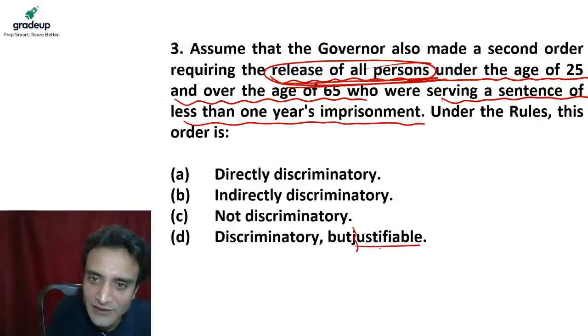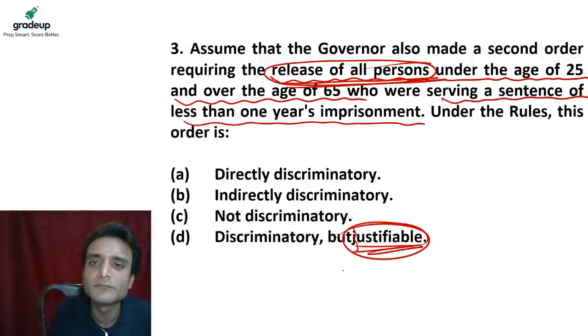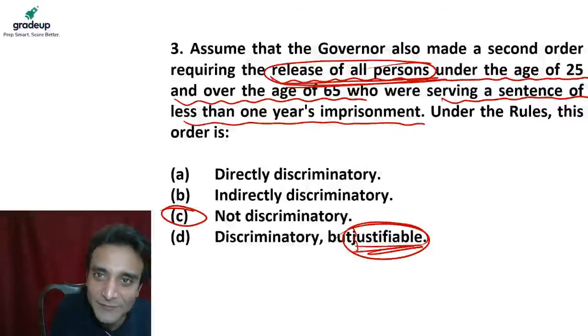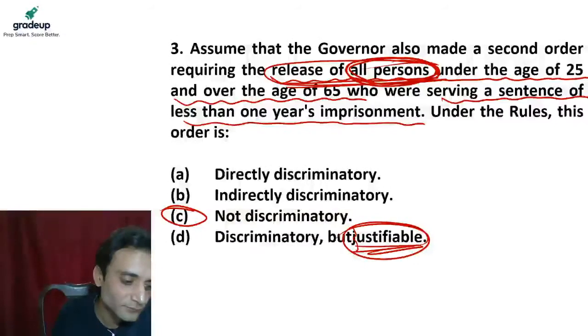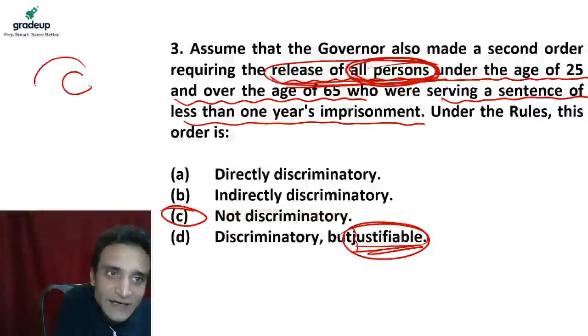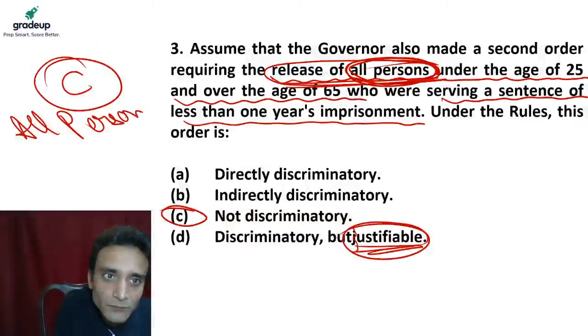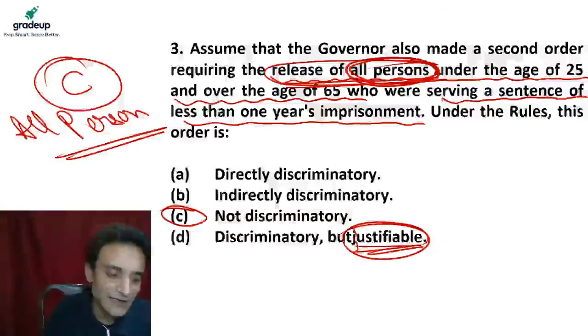The principle does not talk about justifiability. The correct answer is option C, it is not discriminatory, because it is all persons, male, female, whatever you are, doesn't matter. It does not differentiate between a man or a woman.